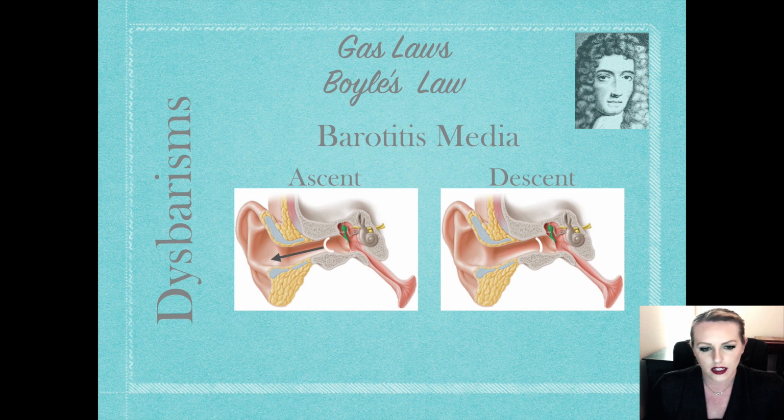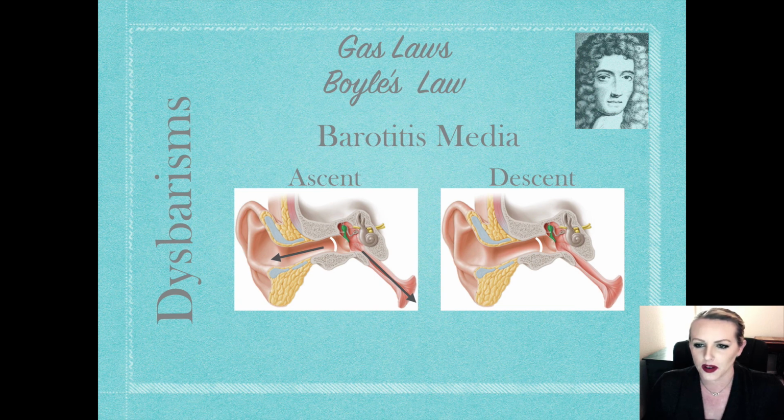So this will cause our eardrum to go outward because the pressure in the middle ear is higher. Now it is very easy for us to push some of that air out our eustachian tube by just doing the Valsalva maneuver, which will cause our ear to do this again.